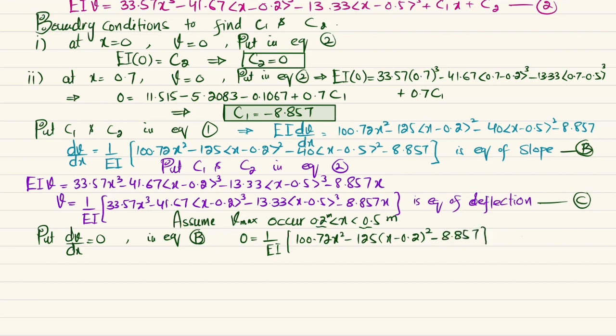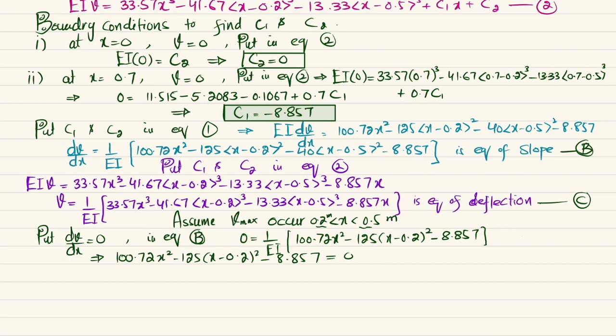Okay, so multiply EI on both sides. So you will get 100.72 x square minus 125 into (x minus 0.2) square minus 8.857 will be equal to 0.